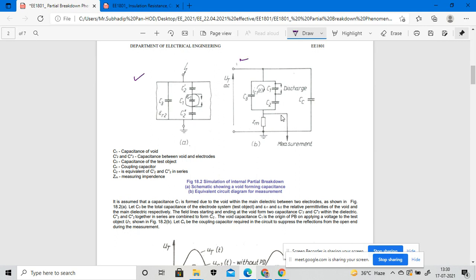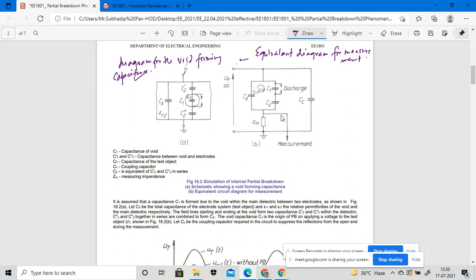This particular circuit diagram is my equivalent diagram for the measurement, and this one is the diagram for the void forming capacitance.